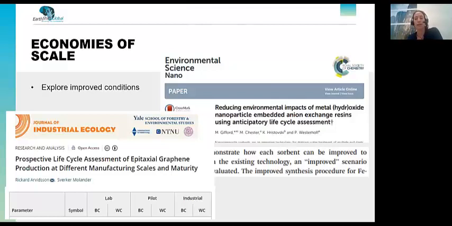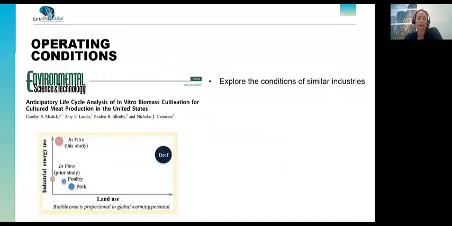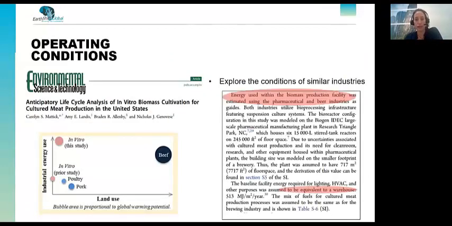They made a combination of the laboratory data, and they scale some of the manufacturing, or sorry, the processing, based on pharmaceutical and beer industries. So the building energy use and other parameters in their technology model, they are basing on other industries.